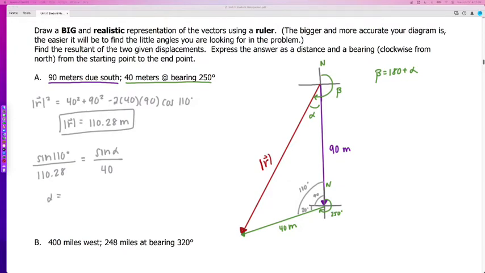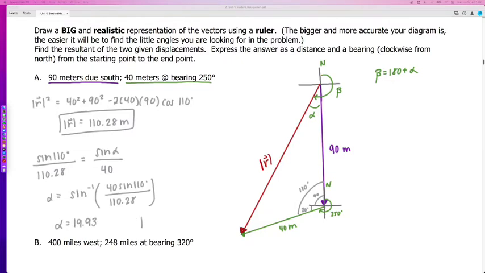So when I type alpha into my calculator, we're looking at the inverse sine of 40 times the sine of 110 degrees divided by 110.28. Don't forget to take the inverse sine because we're solving for an angle. We should be getting something like 19.93.